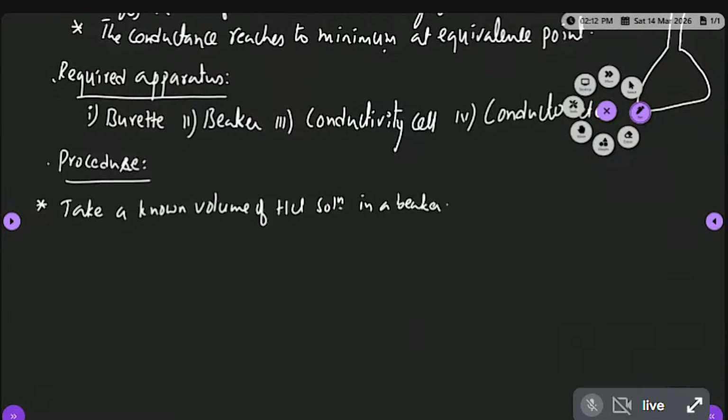So known volume of HCl solution in a beaker, take known volume like 20 ml or 40 ml in a small beaker. Okay, that is the first step. And second step, insert conductivity cell in the solution.